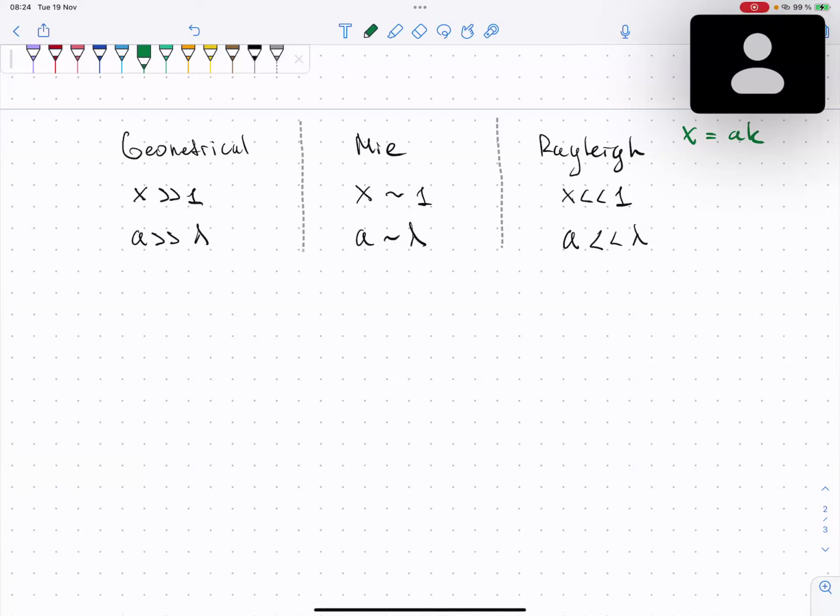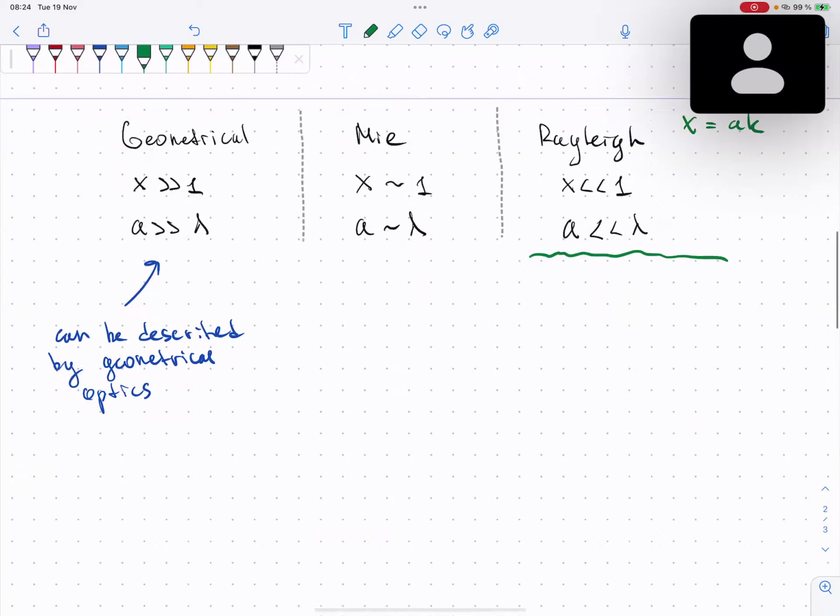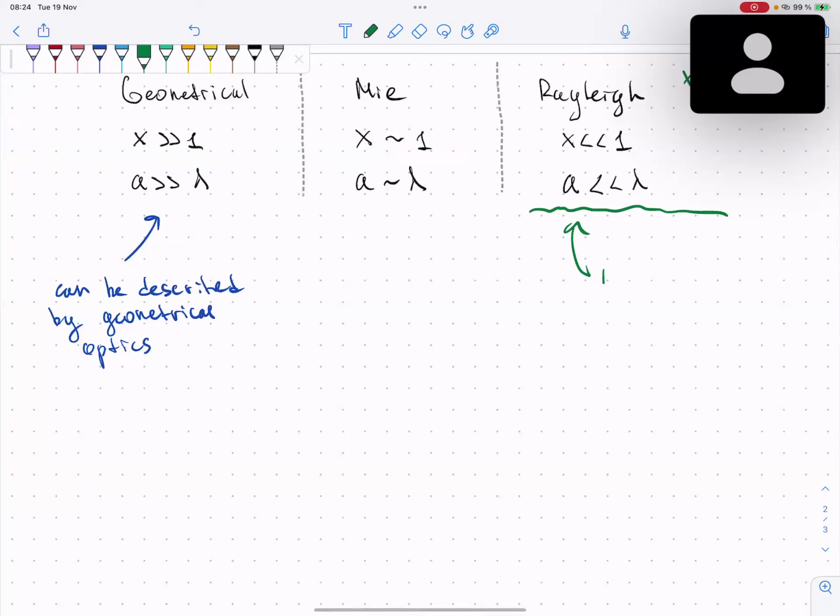So this region can be described by geometrical optics. And in this region, the particle is very small.